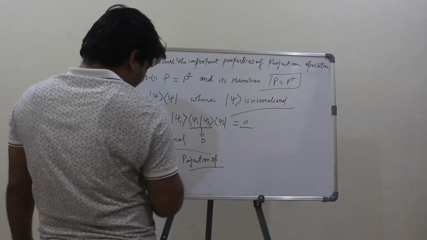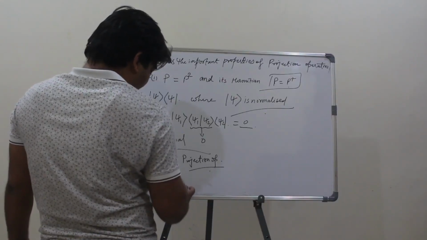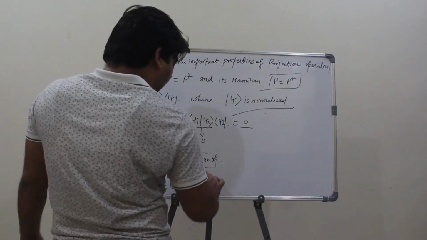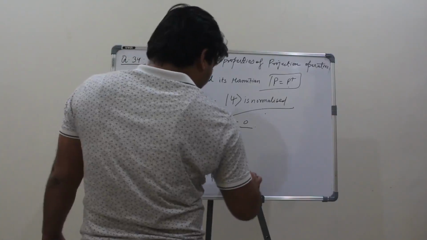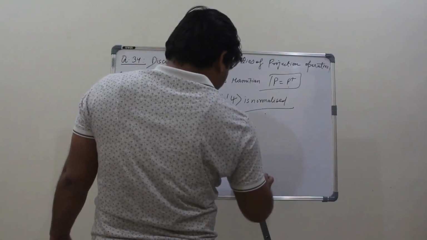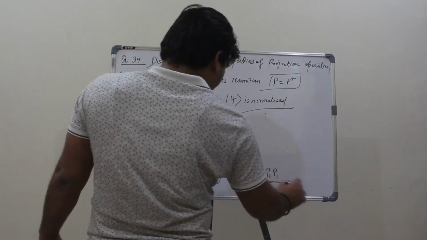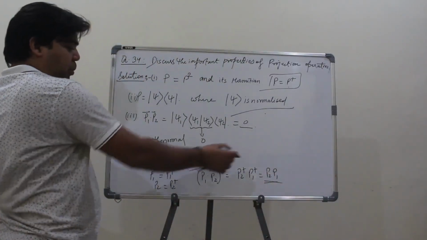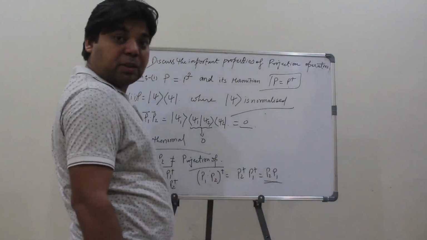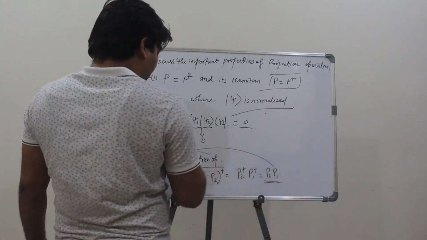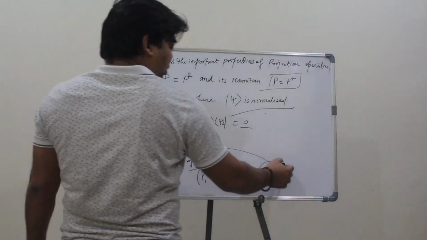Like P1 is Hermitian, P2 is Hermitian, so P1 P2 must be Hermitian. This is P2 dagger P1 dagger, which is P2 P1. If this condition holds, P1 P2 equals P2 P1, then only this product also will be a projection operator.